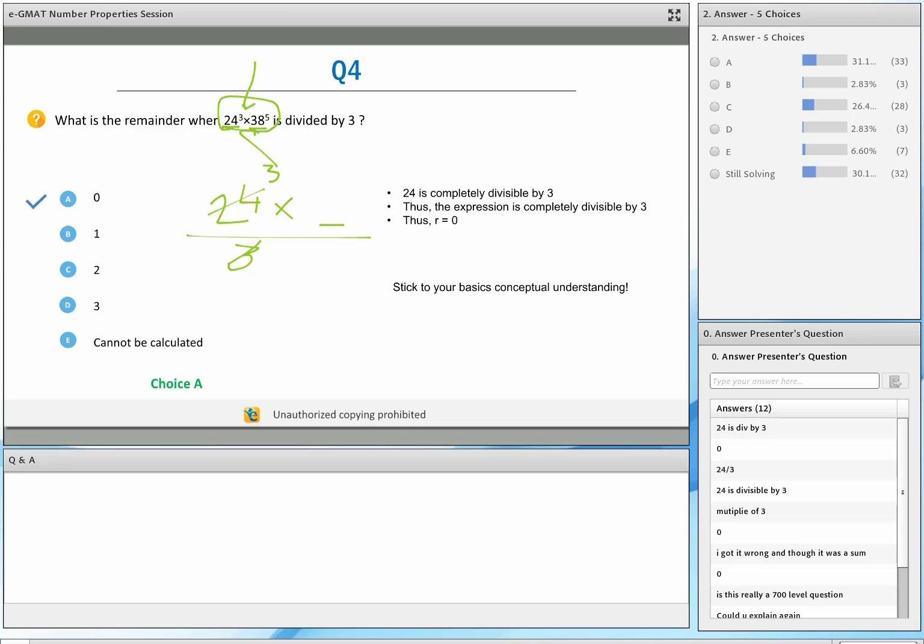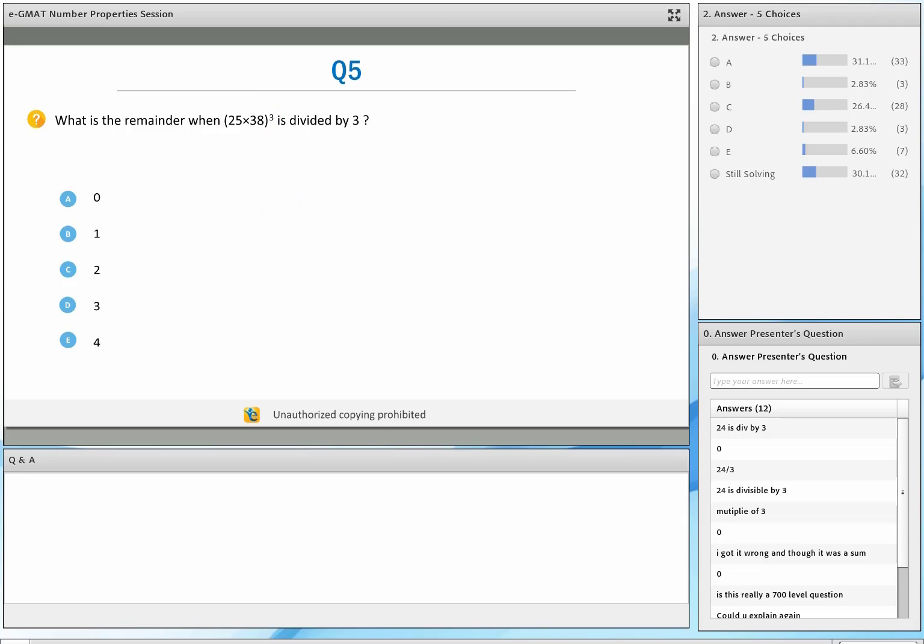All right, now let's move on to our next question here. Now here things don't look as easy. So spend the time here, because again 25 and 38, neither of those is divisible by 3. Okay, so go ahead and solve this question.